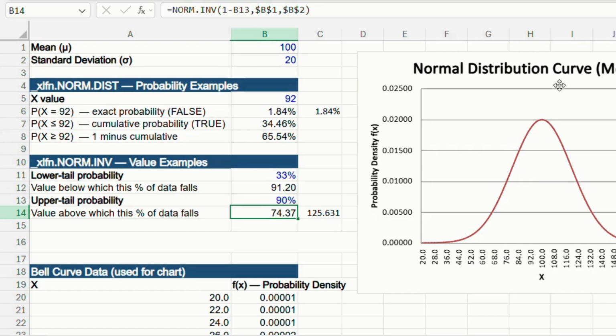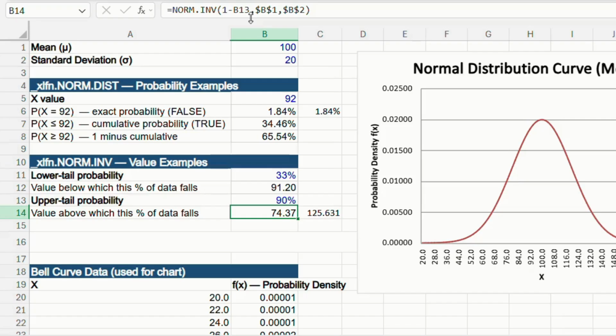That covers the big bulge in the middle of the curve plus everything right of it. If we don't subtract, everything is to the left of it, right? So we will use the formula 1 minus.